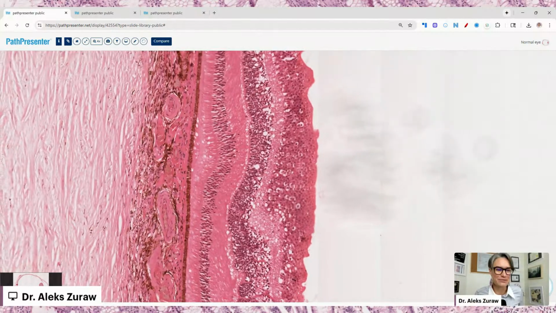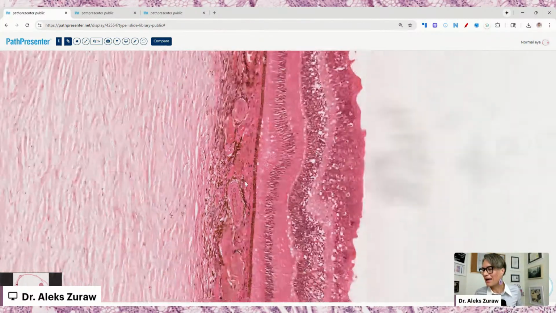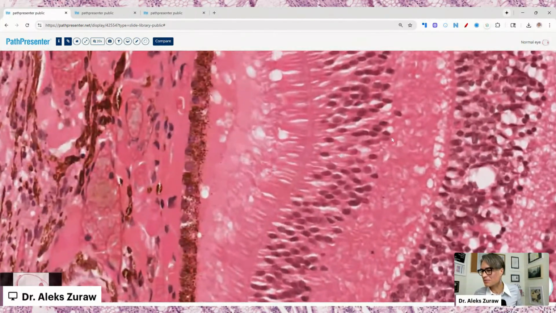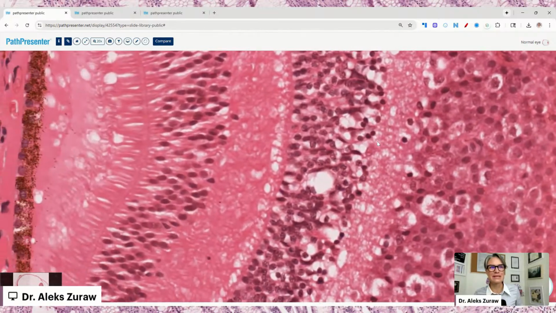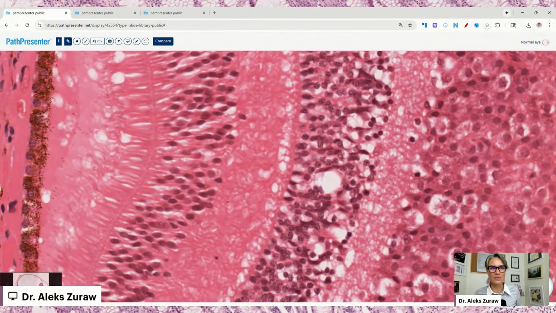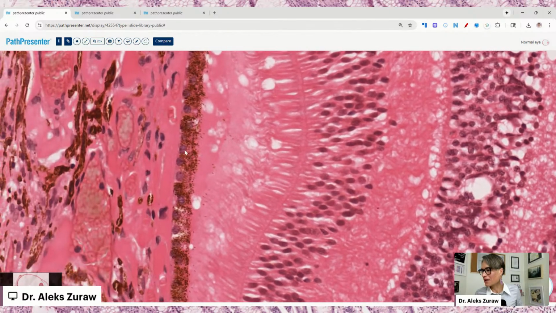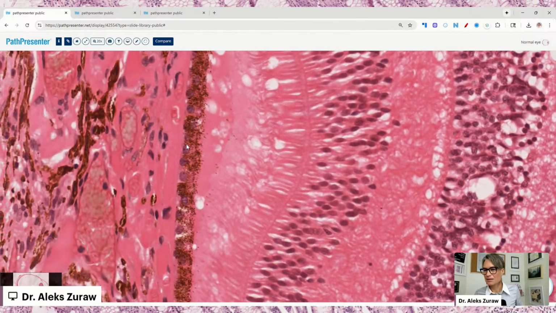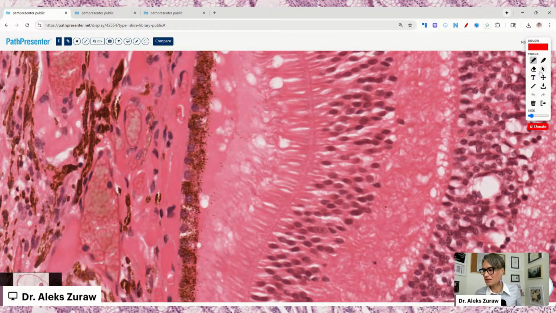So yeah, I guess I need to do a separate live stream on the retina and go super deep in. But you can see what we have here. Retinal pigmented epithelium, and then we have rods and cones in the photoreceptor layer.